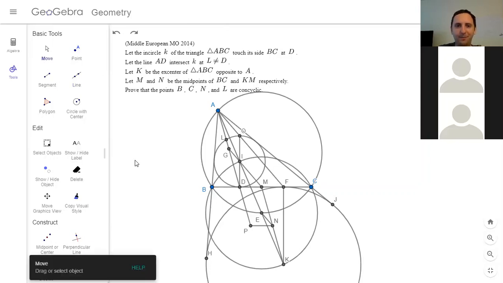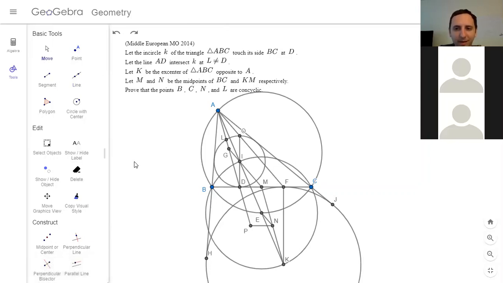So we want to show LD times DP is BD times DC. And that kind of feels like it would be a trig bash or something. How do we find LD?